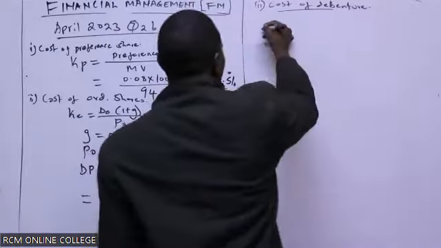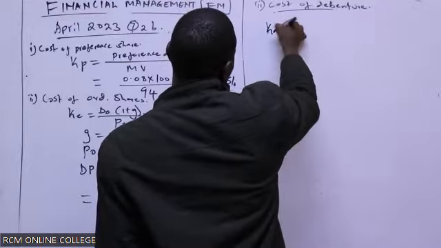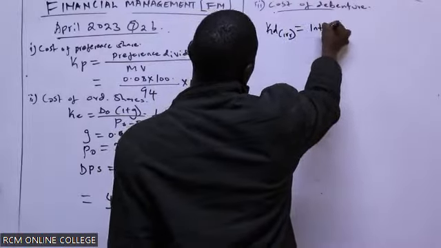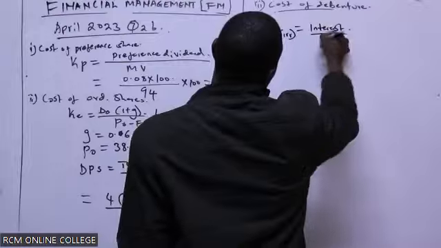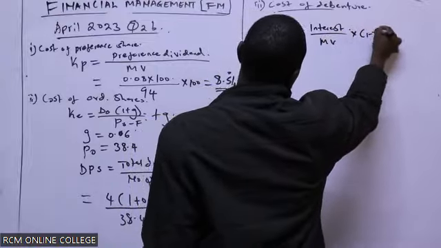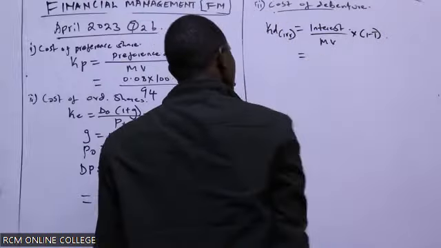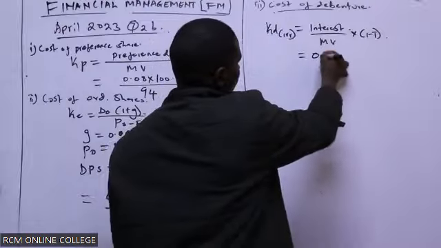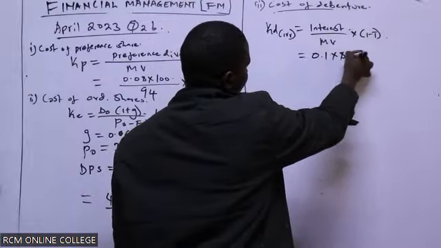So for the irredeemable debenture, KD irredeemable will be given by interest over market value times 1 minus T. The interest we are told is 10%, so it is 0.1 times 80. That is the market price.